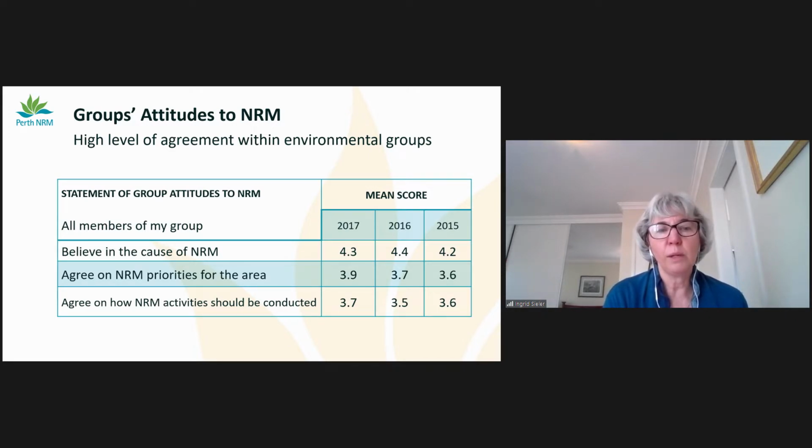And what we found was that in terms of believing and understanding what natural resource management is about, there was a high level of cohesiveness around that. They also mostly agree on the priorities for their area and then on how those activities should be conducted. So the groups are generally fairly well organised, fairly close-knit, and have a good sense of direction and working together.